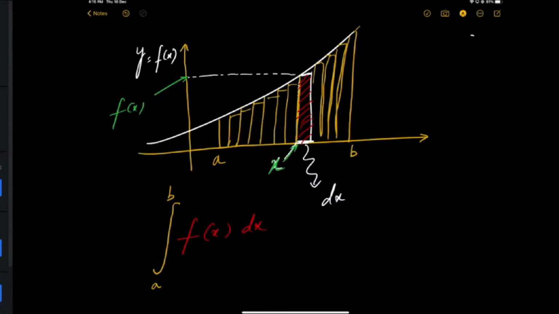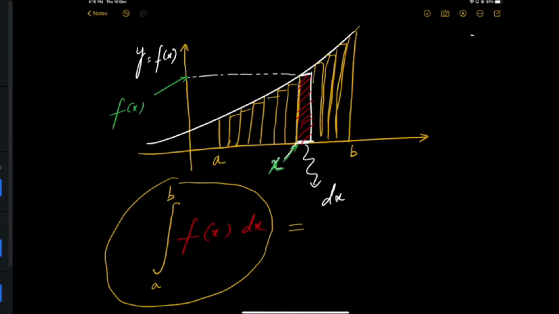If you add those, you will get the value of this integral. So what does the integral of f of x dx from a to b indicate? It is the area bounded by the graph, the x-axis, and the two vertical lines x equals a and x equals b. That is integration.